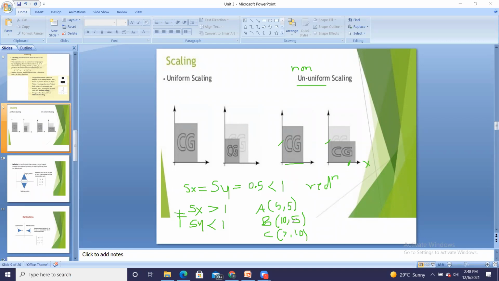You have to expand the triangle along the x-axis to thrice its size, and you have to reduce the triangle to half of its height. So when this question is given to you, what are the things that you have got from this question?